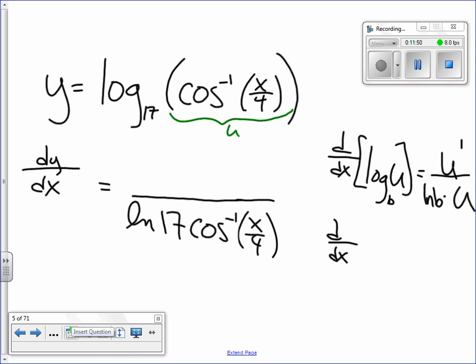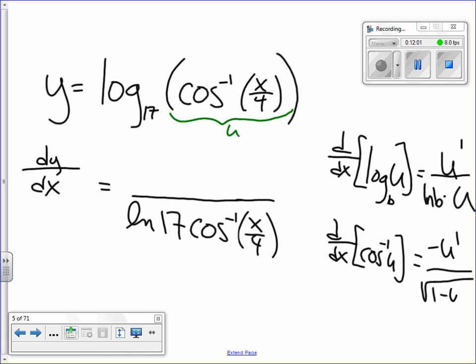The derivative of the inverse cosine of u equals negative u prime. Nice, guys. But now, here's the thing. U is no longer going to be this whole thing here. When I'm taking the derivative of the inverse cosine, our u is just that x over 4.